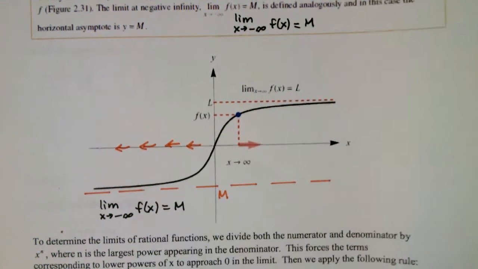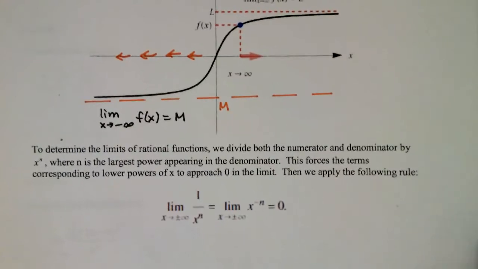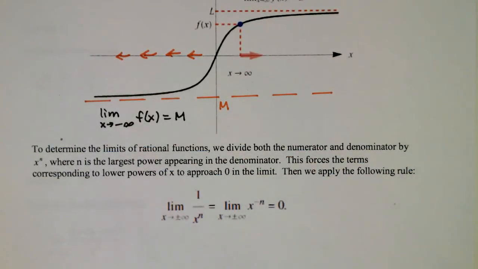Okay, now we're going to determine the limits of rational functions as x approaches infinity, both positive and negative. To determine the limits of rational functions, we divide both the numerator and denominator by x to the n, where n is the largest power appearing in the denominator. This forces the terms corresponding to the lower powers of x to approach 0 in the limit.